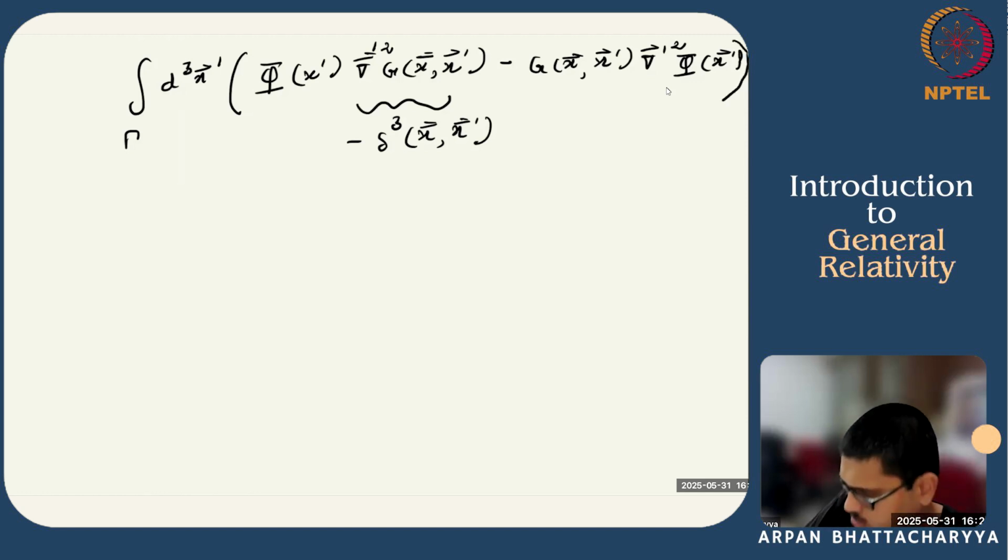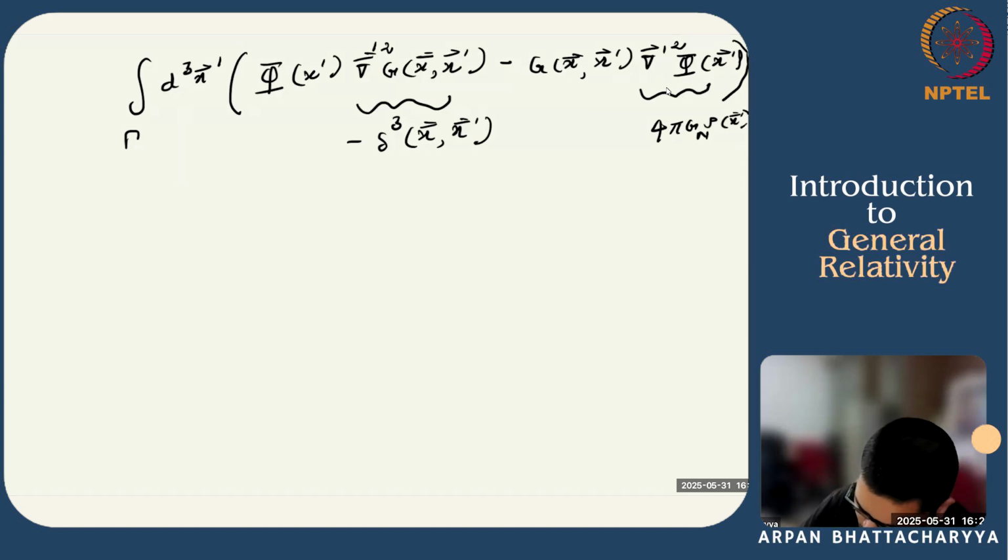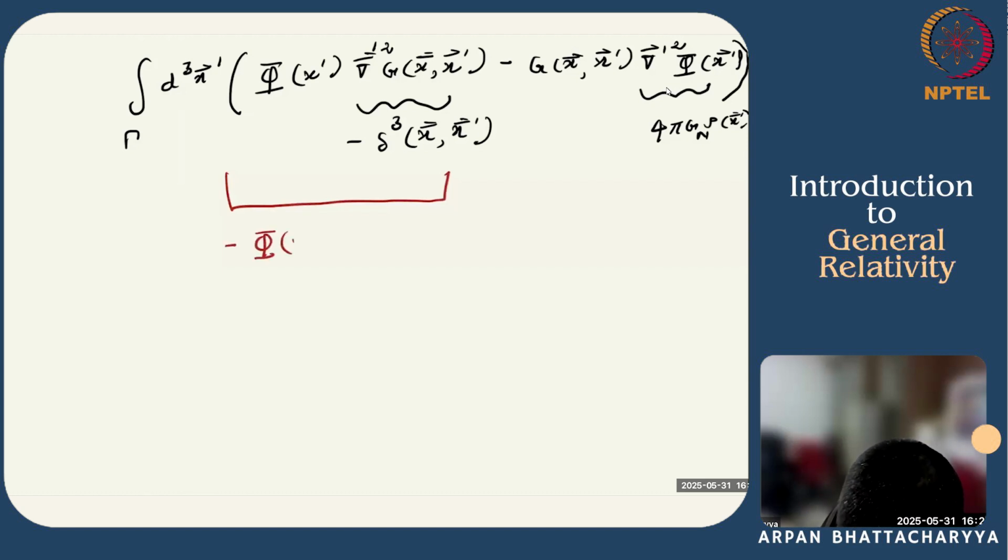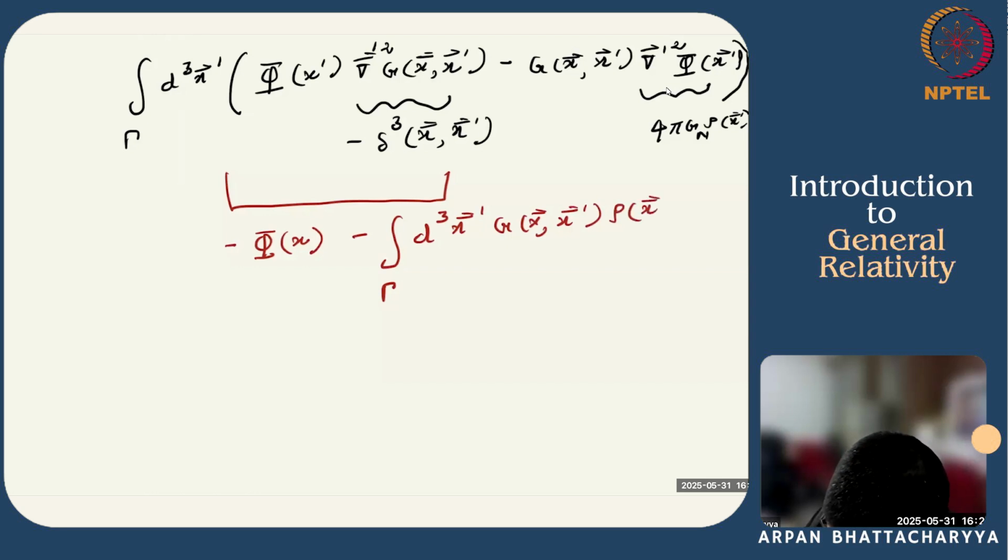Now the scalar potential satisfies the Poisson equation, so we can replace this by minus 4 pi G rho. Because there is a delta function, it will kill the integral, and the entire first term will simply give you minus 4 pi phi of x, and you will have another term, which is the integral over gamma of G of x and x prime times this factor 4 pi G rho. Let me write it here.